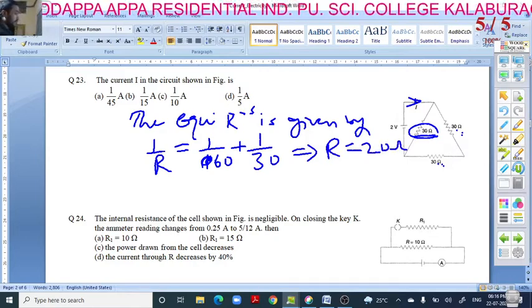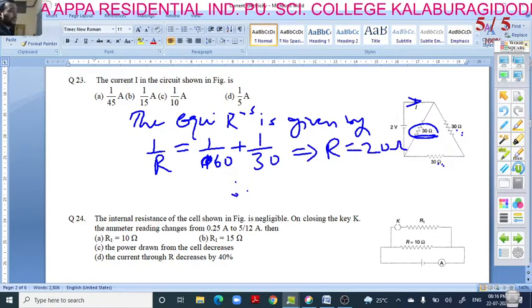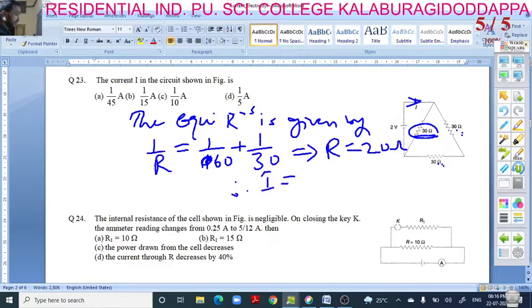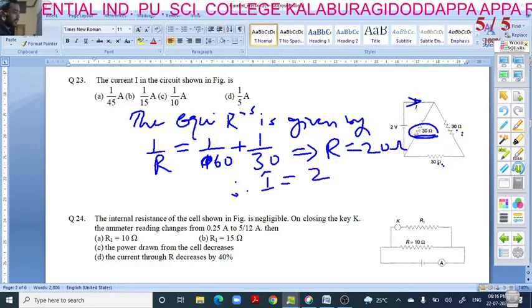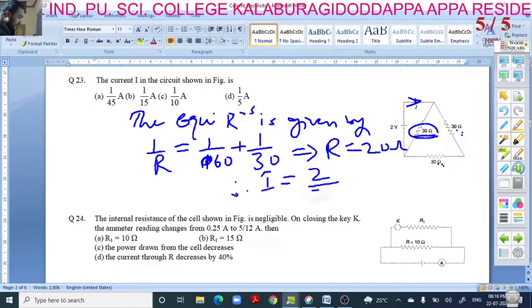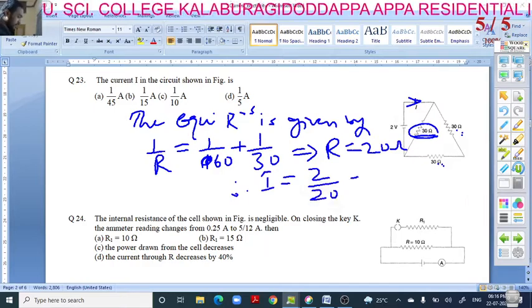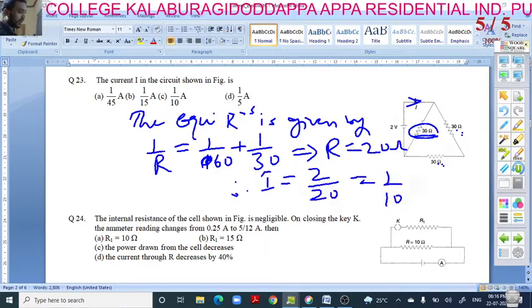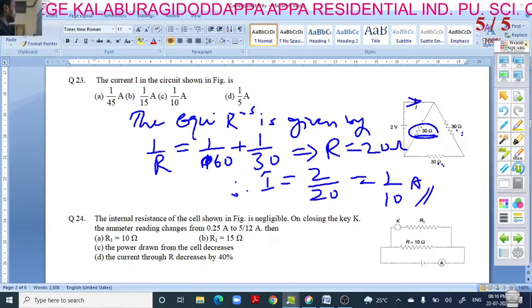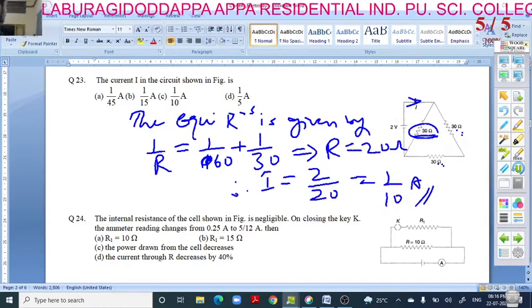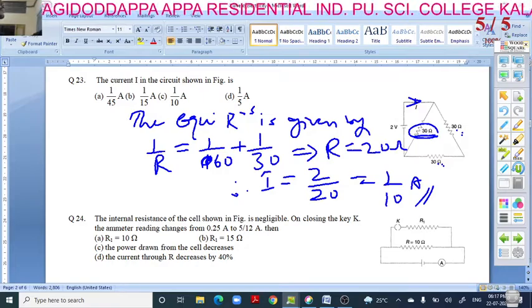Therefore, our aim is to find current only. So we know that current I is equal to 2 volt he has given, 2 volt divided by 20 ohm. So 1 by 10 ampere current we will get here. Right? Okay, fine. Next one.